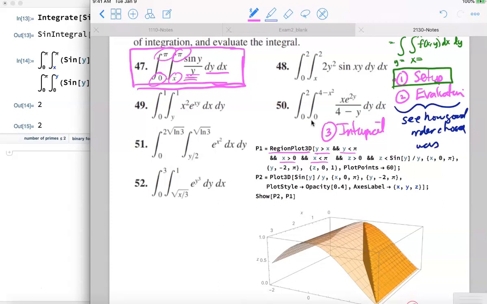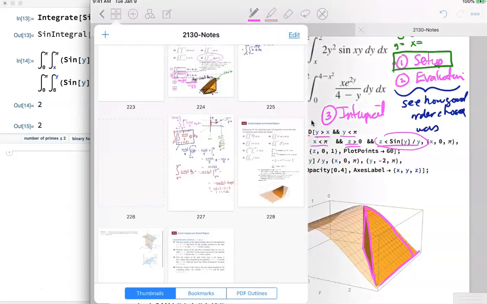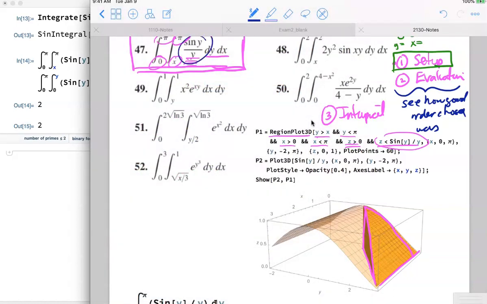And then how do we bring in the function? We haven't really pointed that out so much yet, but we're trying to say the function is the surface, and we want to be below the surface but above the xy plane. So that's bigger than z equals 0. And that region, when you plot it, will give you this solid region right here shown. Okay? And then if you just plotted the surface all by itself, just sine of y over y, it would be this surface here.